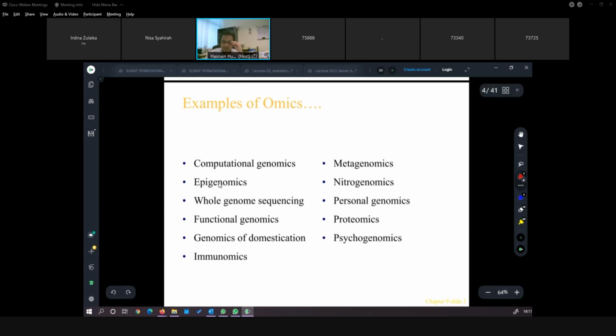And then metagenomics can also relate to metabolism. Epigenomics can relate to differences between the same organism that have different expression levels, for example. So that one is epigenomics.